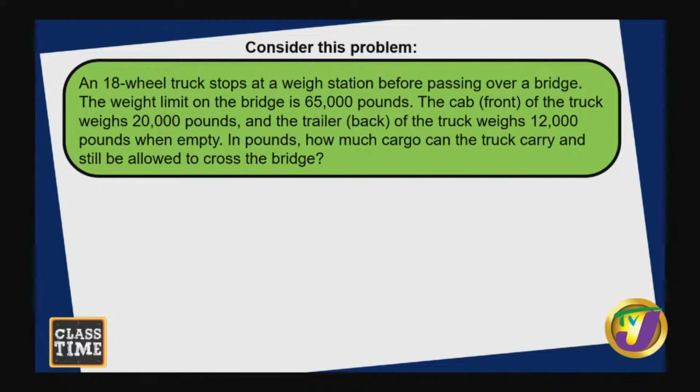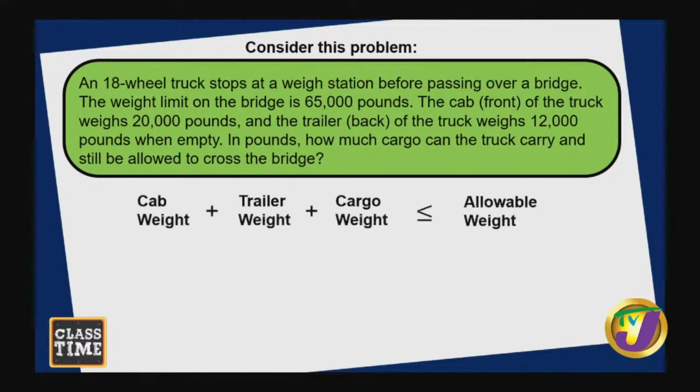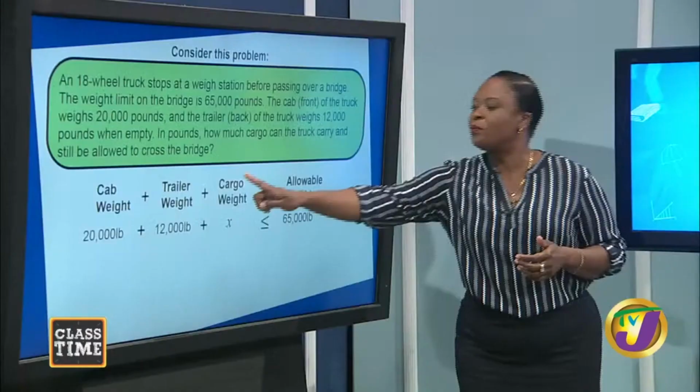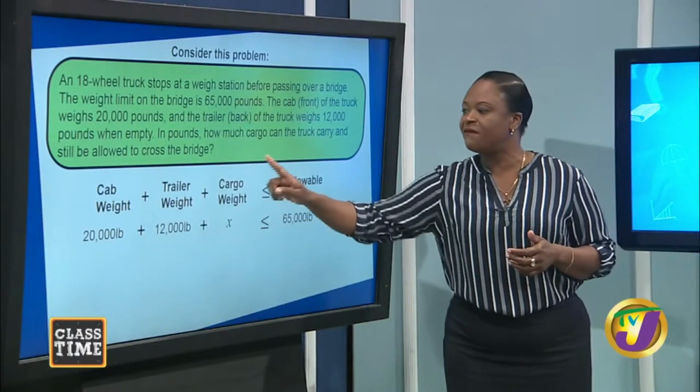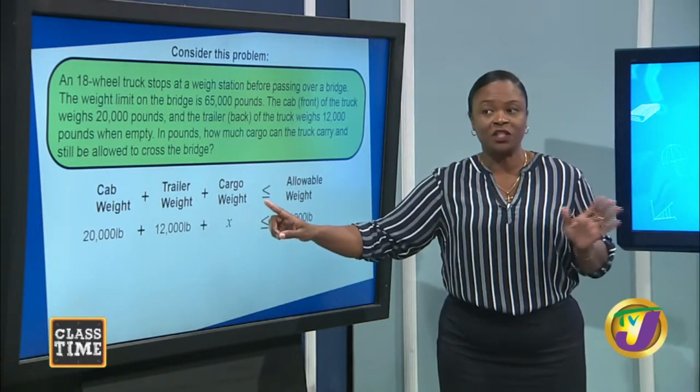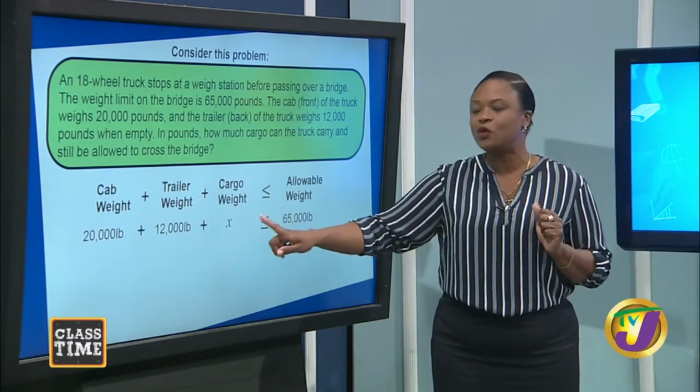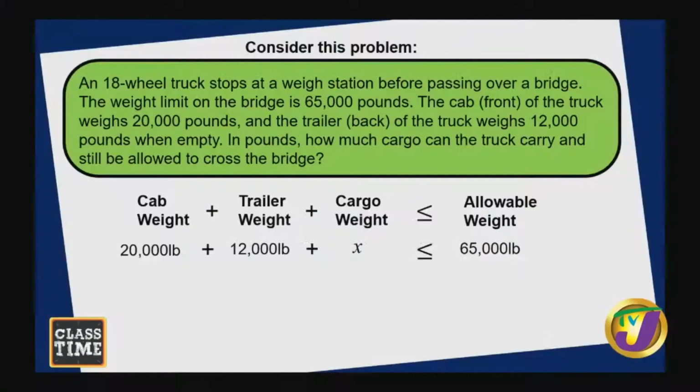We have gone ahead and clarified this for you. We understand that the cab weight added to the trailer weight added to the cargo weight must be less than or equal to the allowed weight, which is 65,000 pounds. So this is what we are expected to find, the cargo weight, which we don't know yet, and we are using a variable to show that it is unknown.